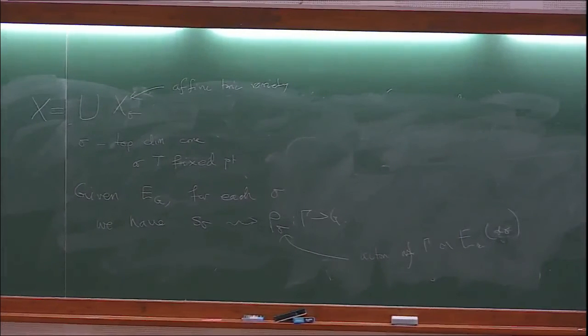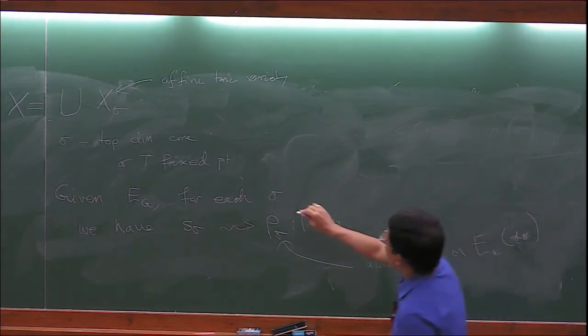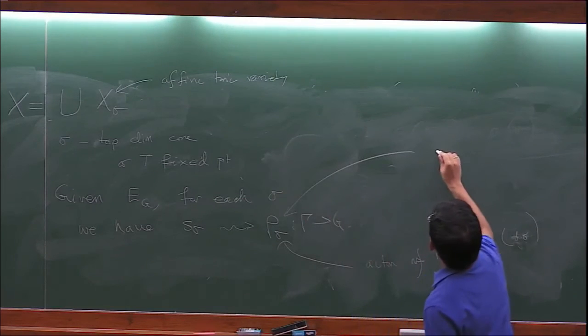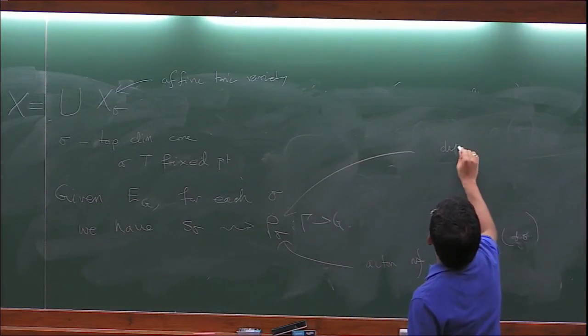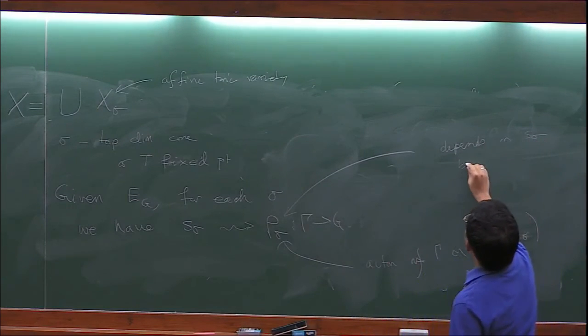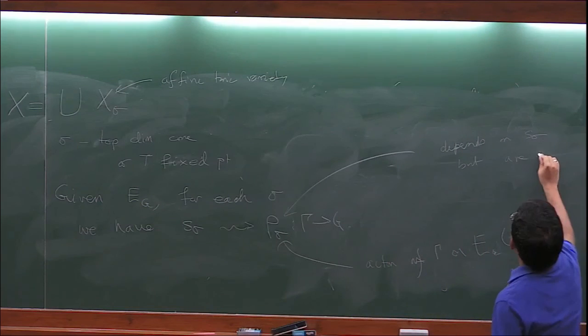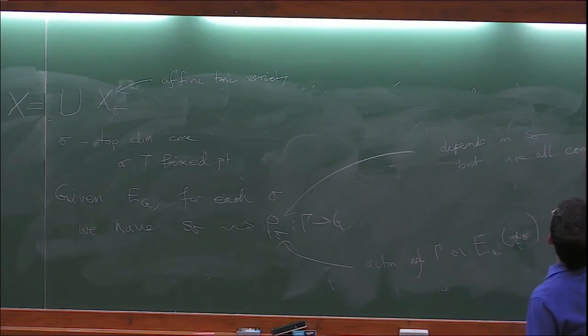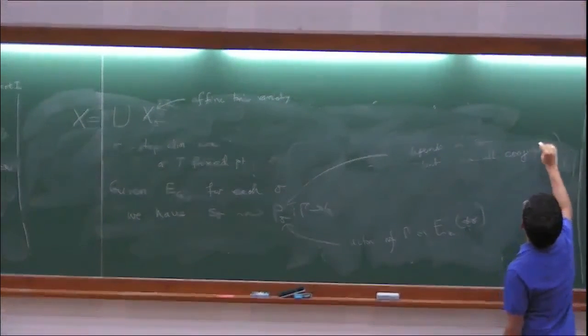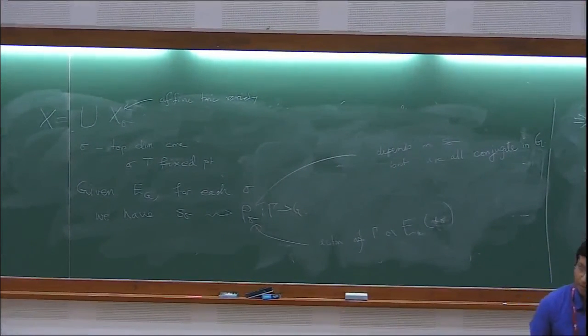If you know one of them, all others are just conjugates. So rho sigma is well defined. It depends on a sigma, but they are all conjugate in G. That's what we know.